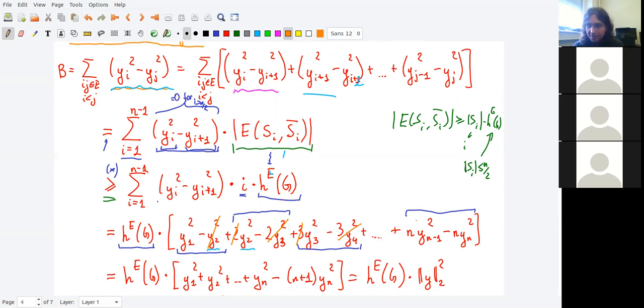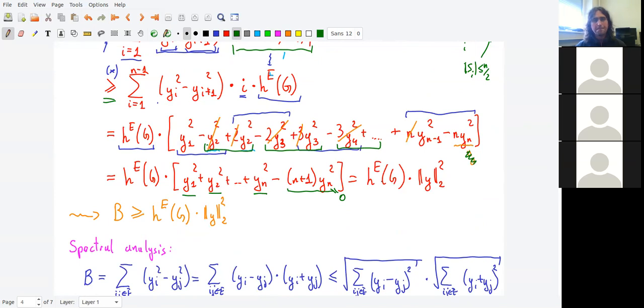Eventually, all of those will cancel out apart from this last term, minus n times yn squared. But yn square is anyway equal to 0. So if I do all this canceling out, from each of those two consecutive terms exactly one survives. So I've got simply y1 square plus y2 square and so on plus yn square. And if I did not think about this, I would need to subtract n plus 1 times yn square, which is anyway equal to 0.